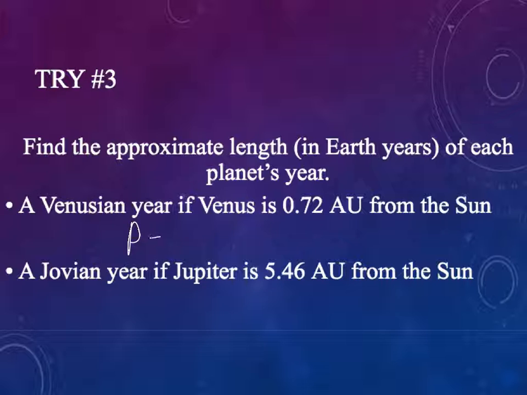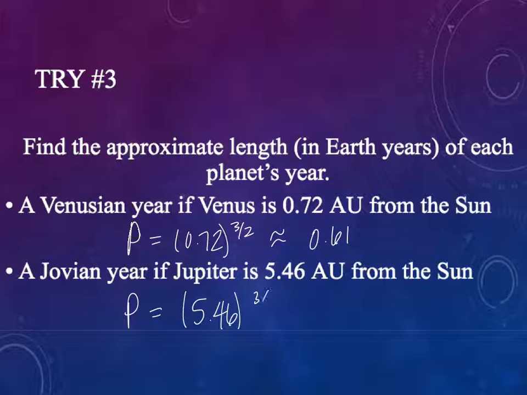So P is going to be equal to 0.72 to the 3/2, and that is about 0.61 Earth years. And the last one, P equals 5.46 to the 3/2, and again that's about 12.76 Earth years.